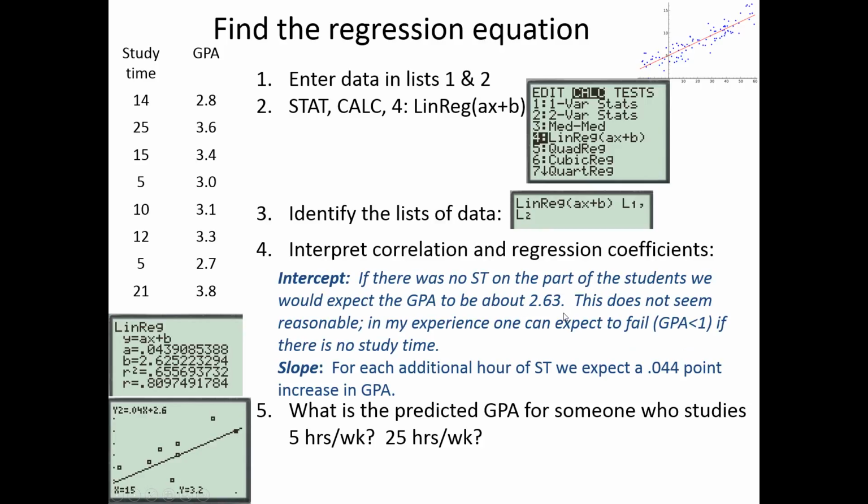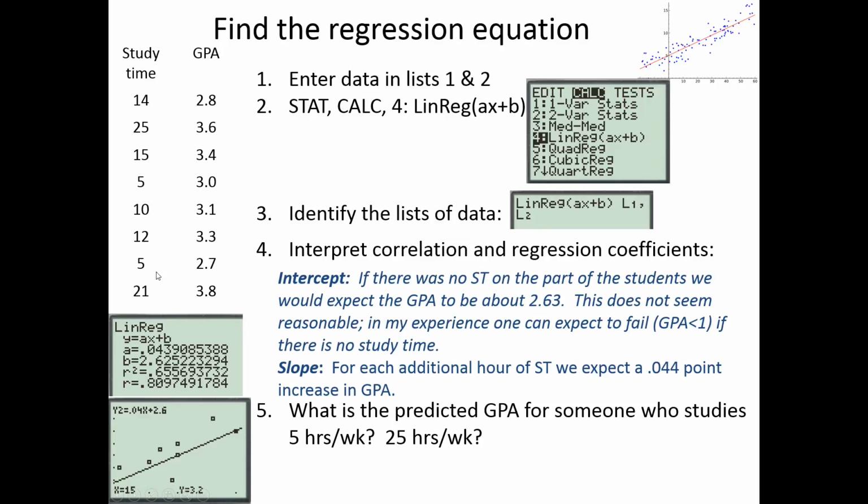Now, you have to think about, does that make any sense? Well, that's not going to make any sense for a variety of reasons. A, it makes no sense in this context. If there's no study time, you wouldn't expect the GPA to be this high. But the other issue is the smallest x value is 5. These values are all bounded away from 0.